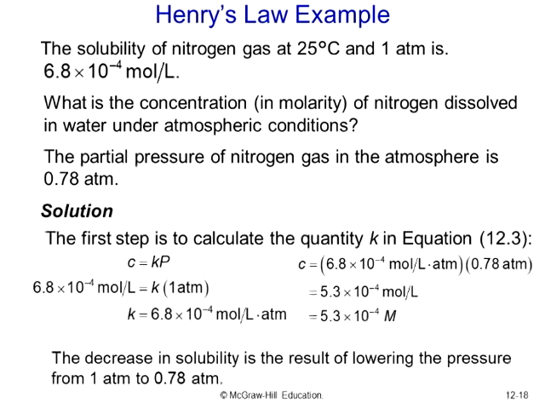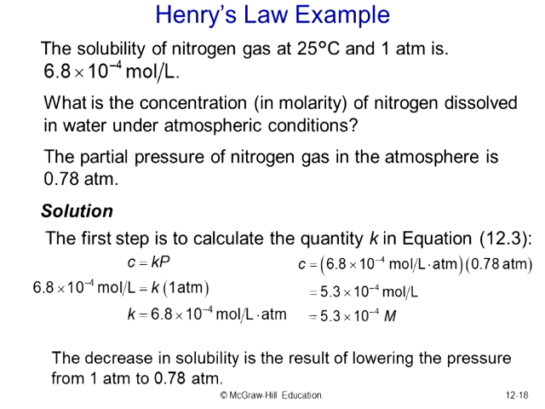Now, we will take that K and plug it in to the problem where we have the partial pressure being 0.78 atm. And we put that value in times this K, which is the correction factor. So correction factor times the pressure gives us 5.3 times 10 to the minus 4 mole per liter, which is molar.